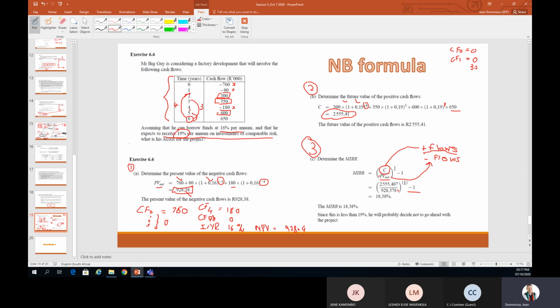CF2 will be 300. CF3 will be 350. CF4 will be 0. CF5 will be 600. CF6 will be 650.